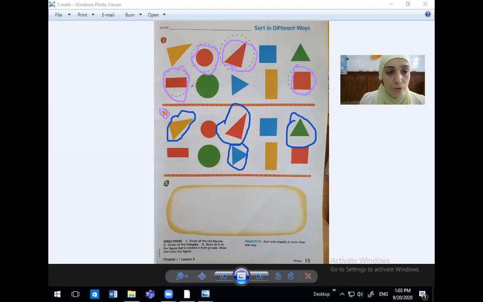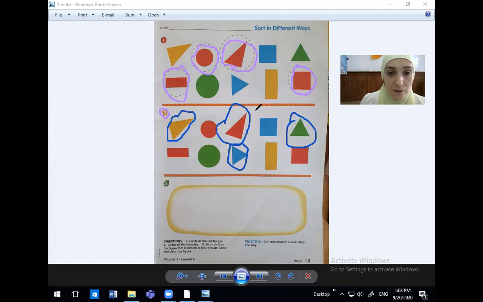For example, red rectangle. Did we circle it here? No. Red circle. Did we circle it here? No. Red triangle. Did we circle it here? Yes. We circled it twice. So this figure is in both groups.